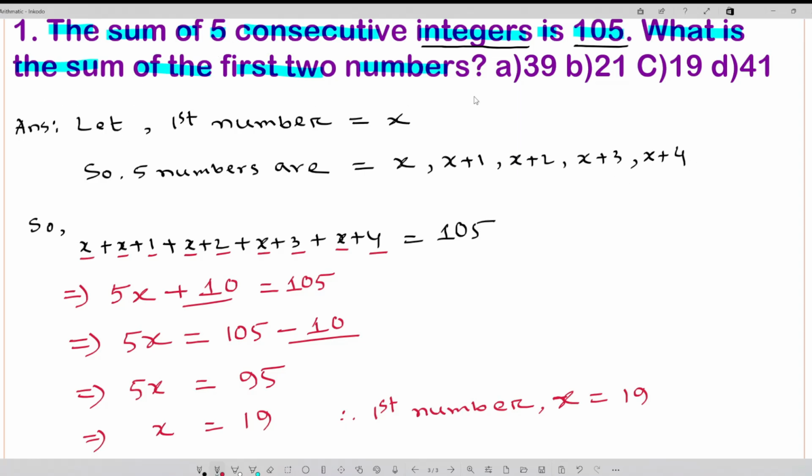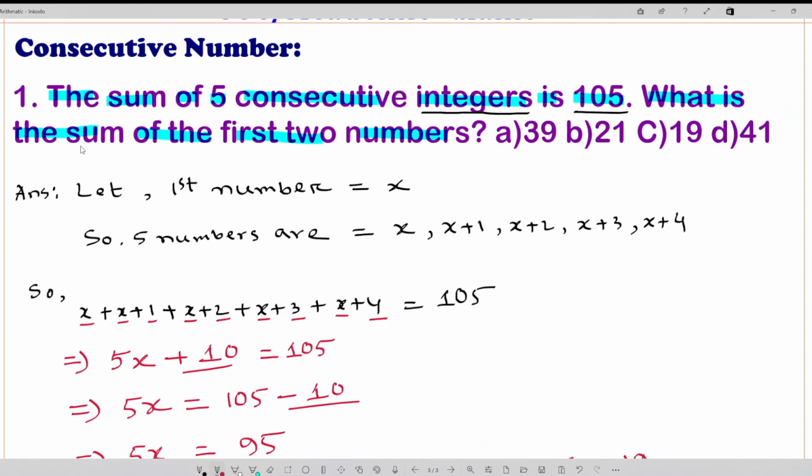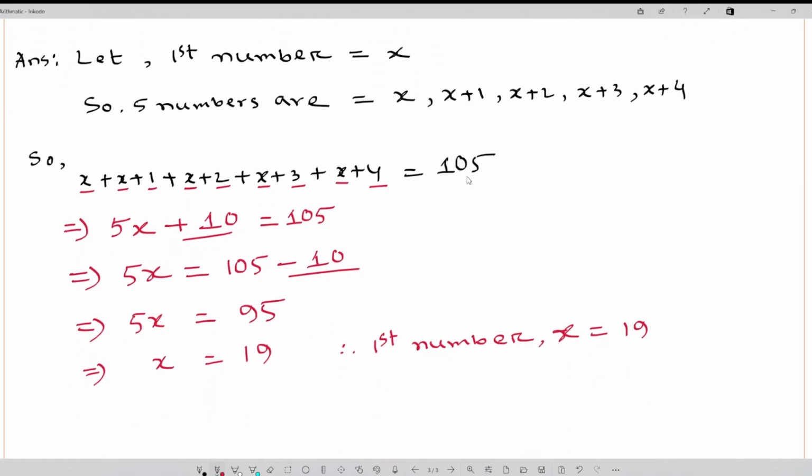Now our question was, what is the sum of the first two numbers? The second number is x plus 1, which equals 19 plus 1, it means 20.